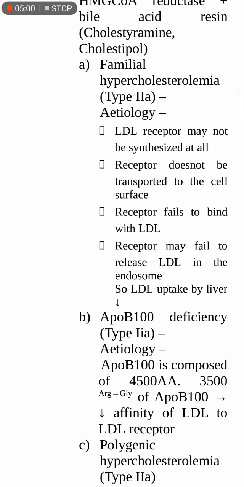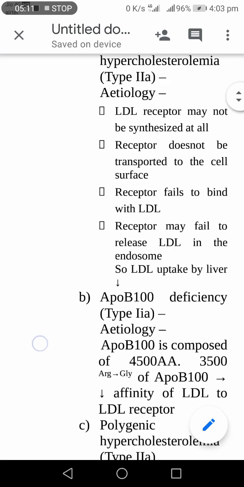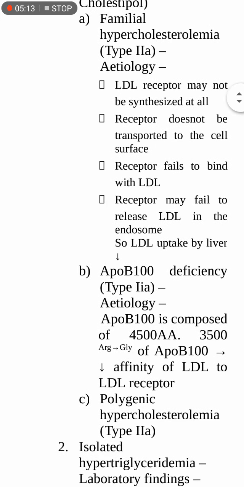Another cause is that the receptor fails to bind with the LDL. A defective receptor is synthesized that cannot bind with the LDL. And the last cause of familial hypercholesterolemia is that the receptor may fail to release LDL in the endosome.